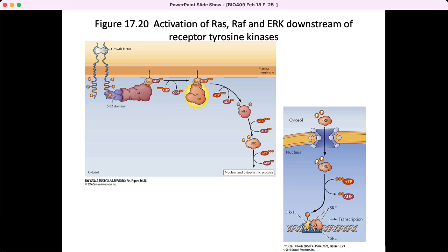The signal transduction pathways are inside the cell, in the cytoplasm. RAS has a covalently bonded lipid molecule, so RAS is tethered to the cell membrane. It floats around in the membrane side to side. It's on the inner surface, and it's stuck there because that's where it does its job.